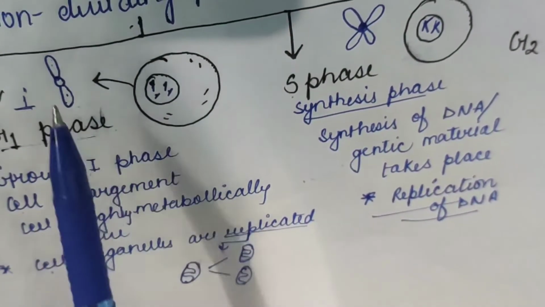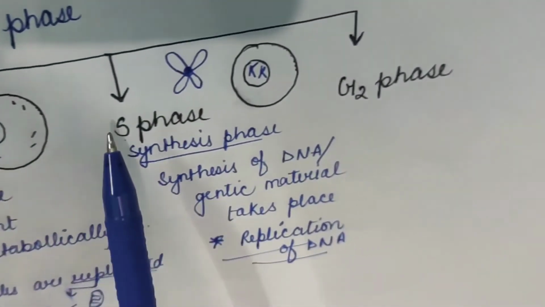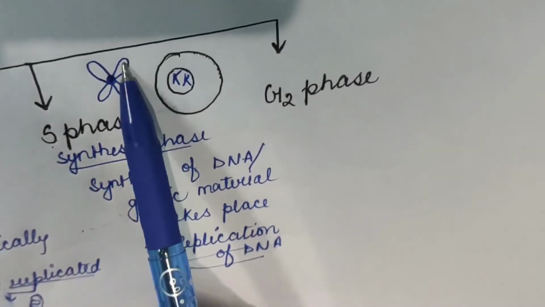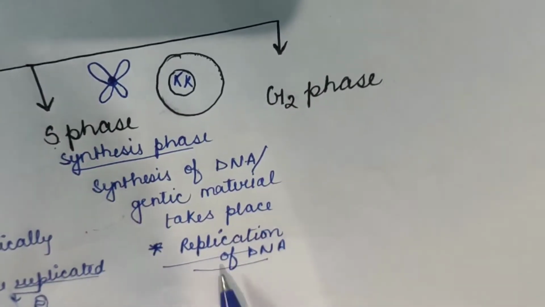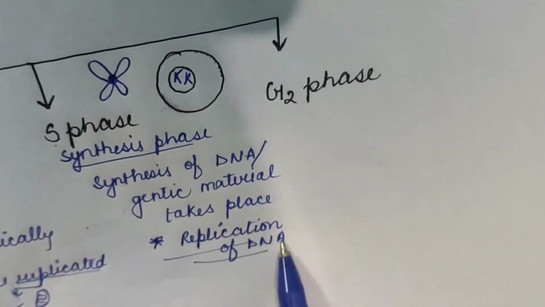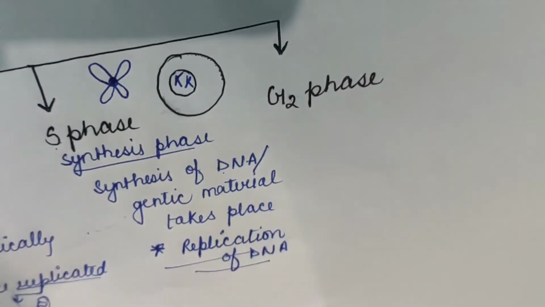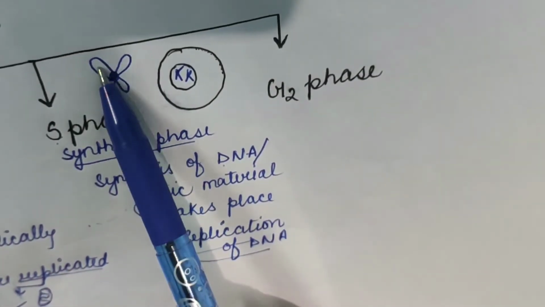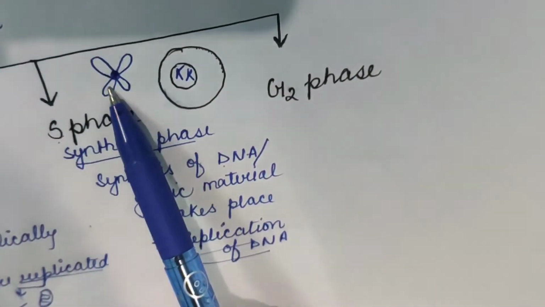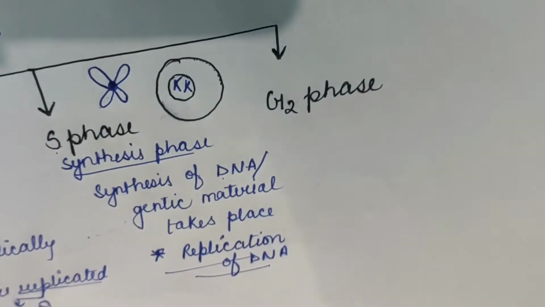During the G1 phase, the chromosomes are rod-like structures consisting of a single chromatid. But during the S phase, the chromosome consists of two chromatids. During the replication of DNA, whenever more DNA is synthesized, the chromosome develops an extra chromatid and appears X-shaped.